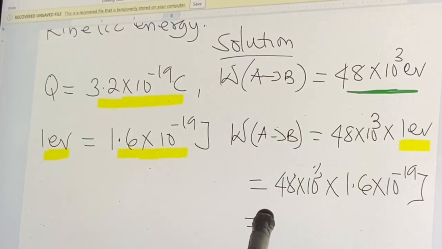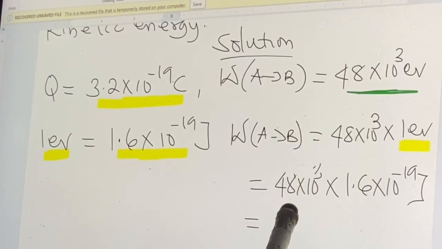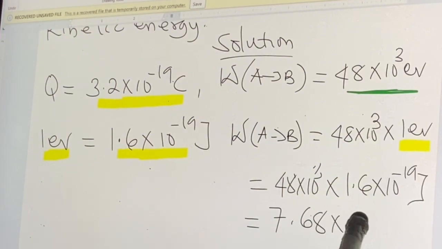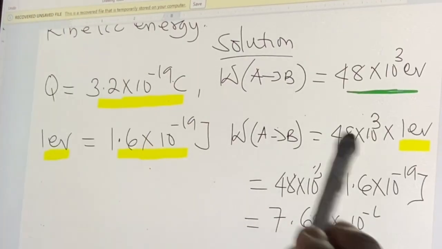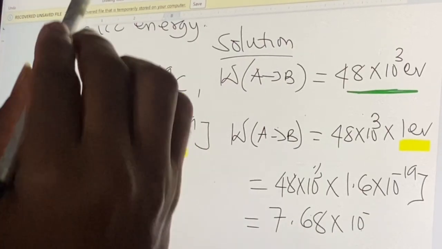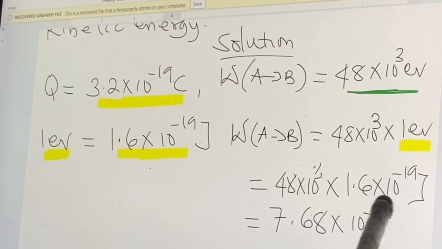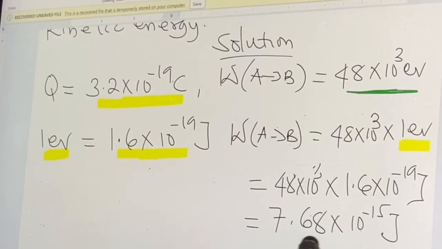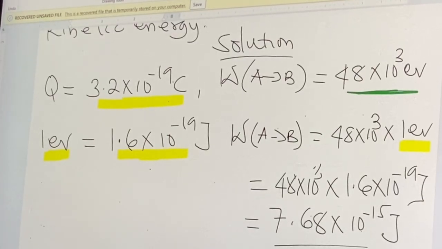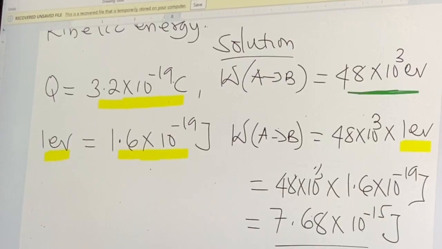So class, convert this fully here. I will have this to be 7.68 times 10 raised to the power of minus 15 joules. This is our conversion here. So we have successfully converted the electron volt to joules.